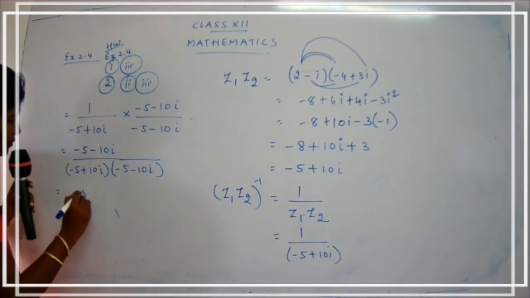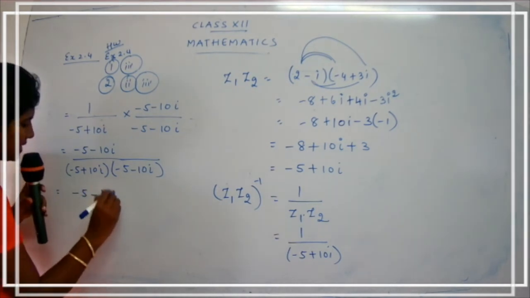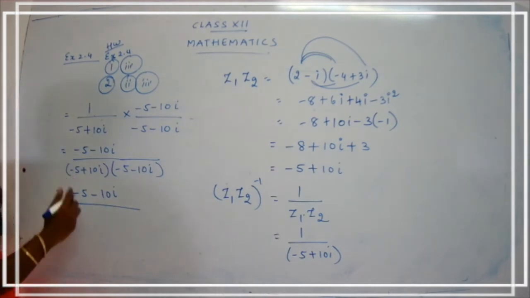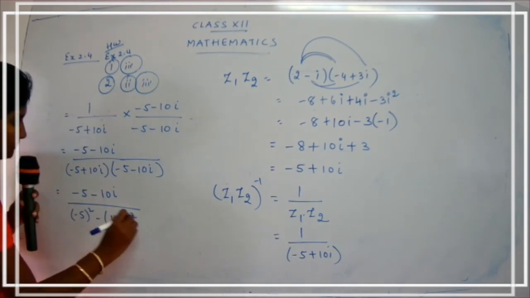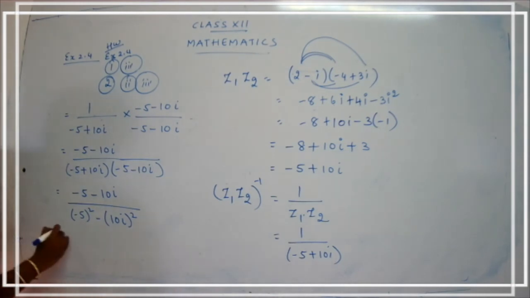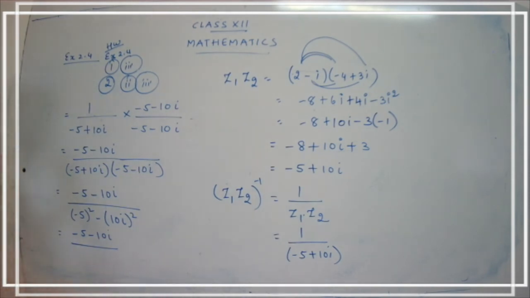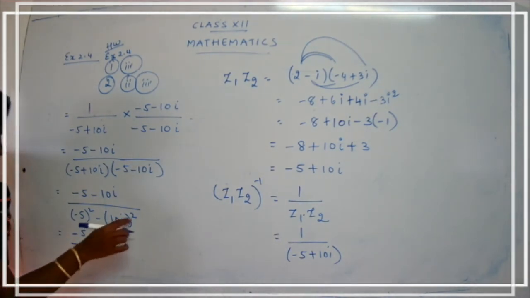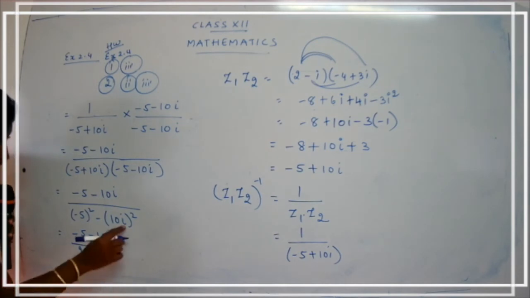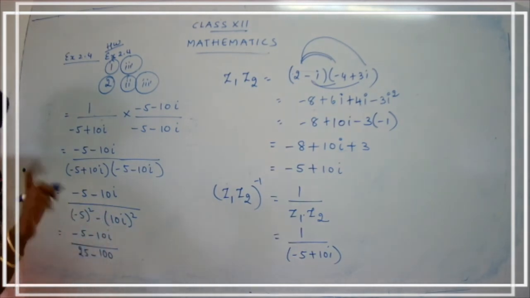So this is equal to minus 5 minus 10i upon a square minus b square, that is minus 5 square minus 10i square. What is the value for i square, children? Minus 1, yes.